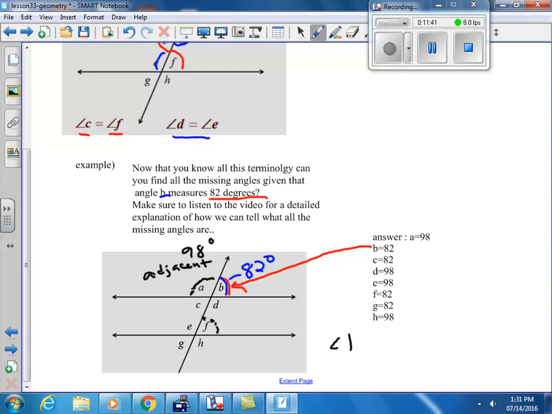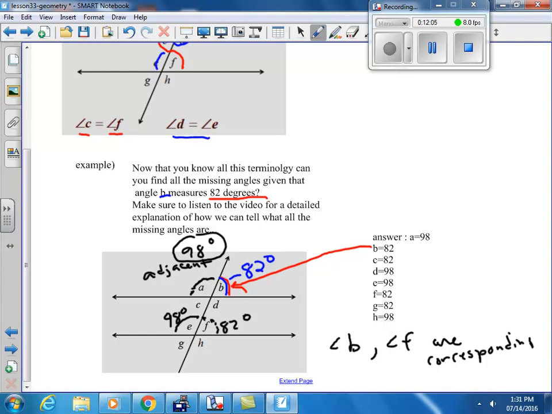So I'm going to write that here. Angle B and angle F are corresponding. And guess what? If they're corresponding, you know they're equal. So this is 82 degrees, and so on and so forth. Then you know that this has to be 98. You also know that because it's corresponding with this one.